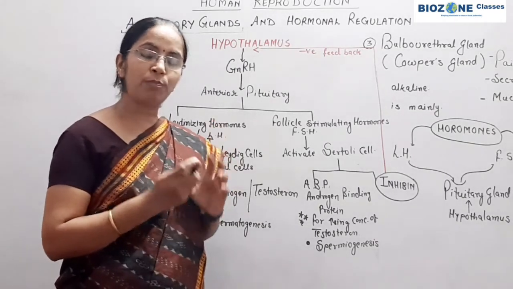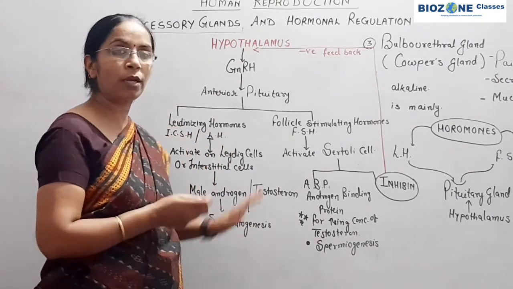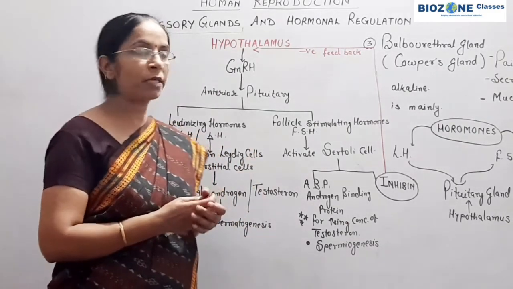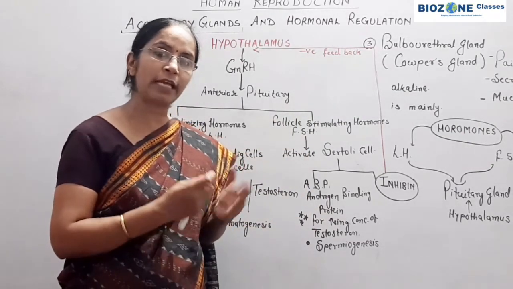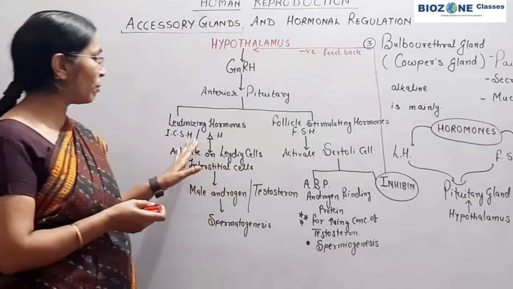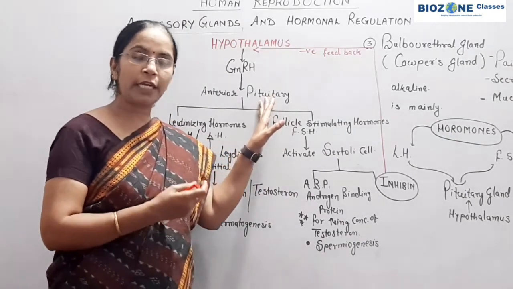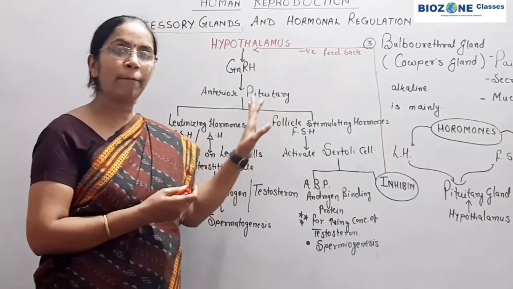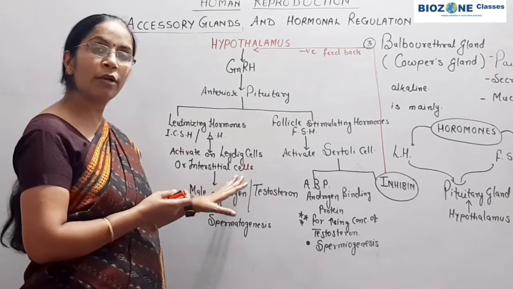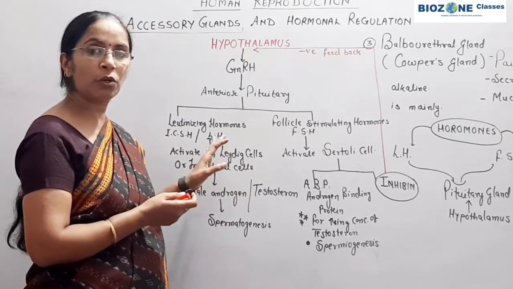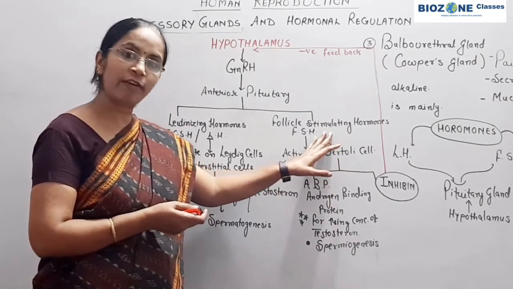So for objective purposes, if you prepare, this topic is most important, because generally in theory only the names of hormones and cells are asked. LH and FSH are both secreted by the anterior pituitary, but mainly the Leydig cells or interstitial cells are under control of LH. The Sertoli cells are under control of FSH.